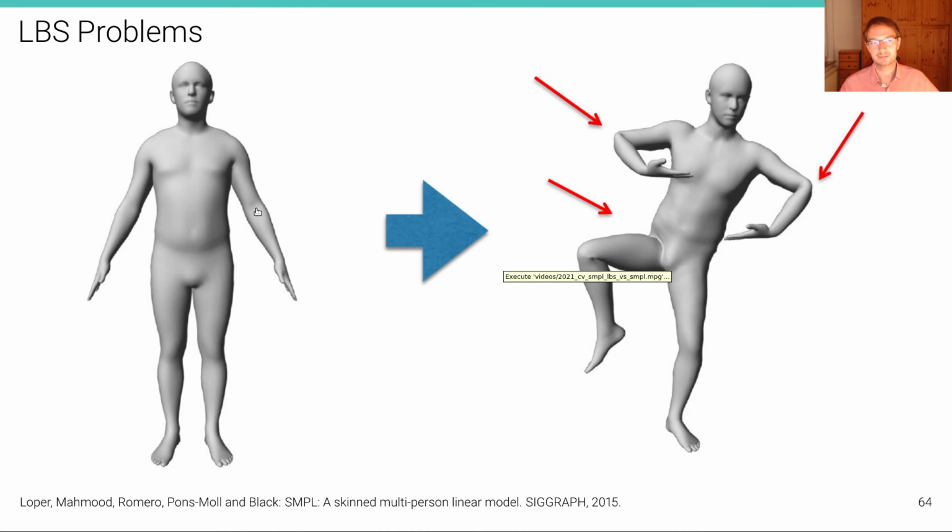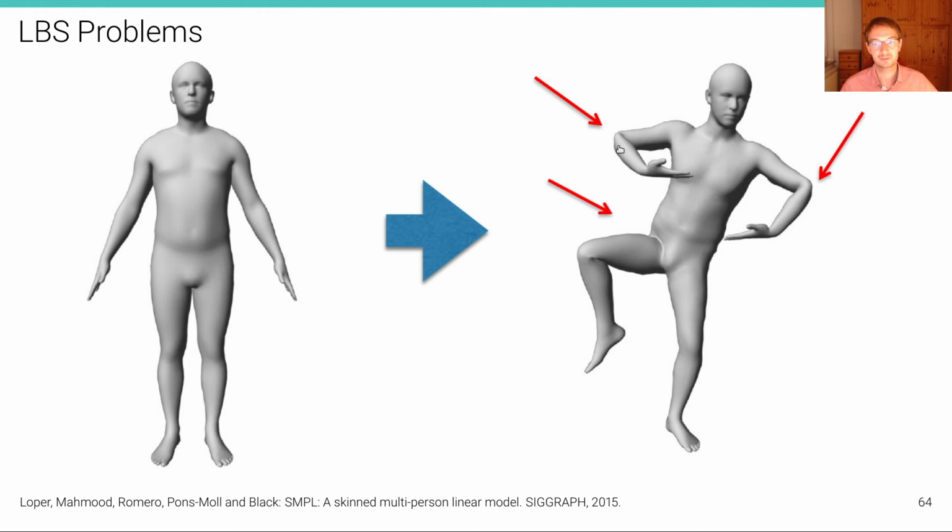And a particular configuration of skinning weights cannot be guaranteed to lead to nice deformations for arbitrary body poses, as you can see here. So if you look at the elbow, for example, the deformation that's happening at the elbow is appearing very unrealistic.